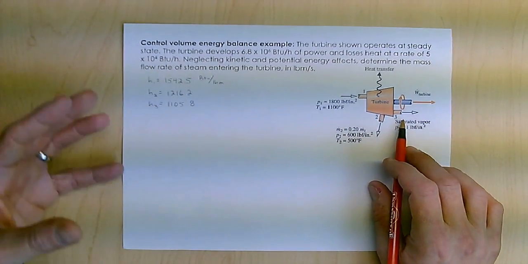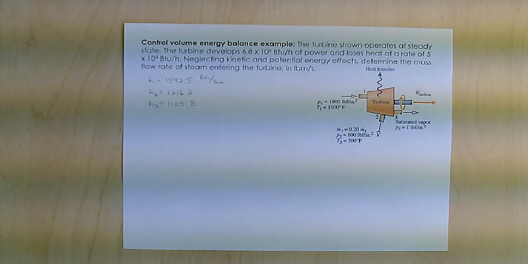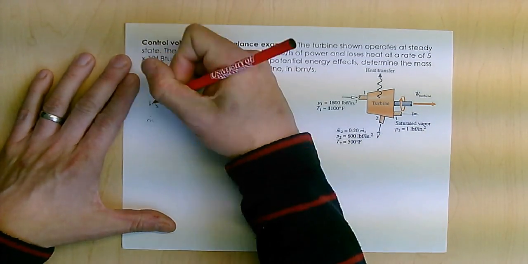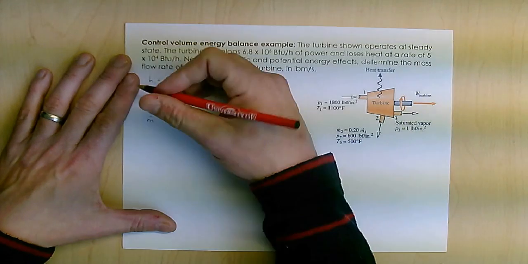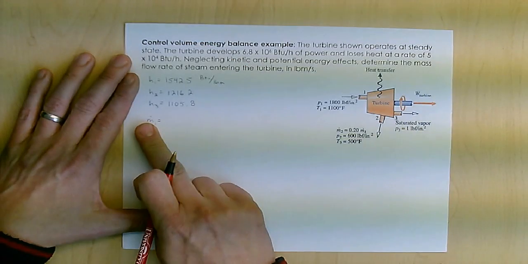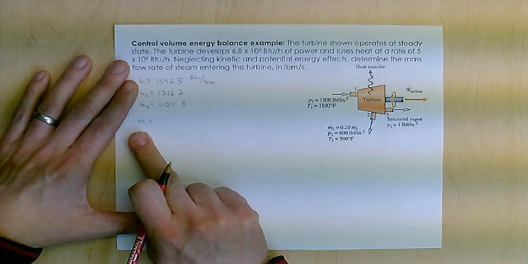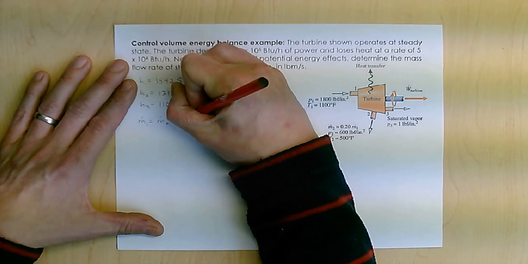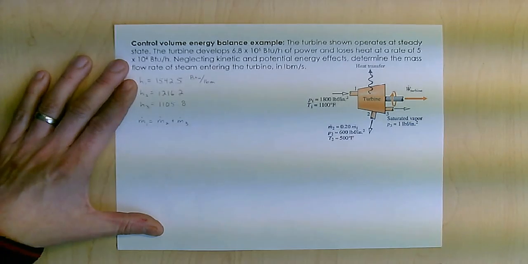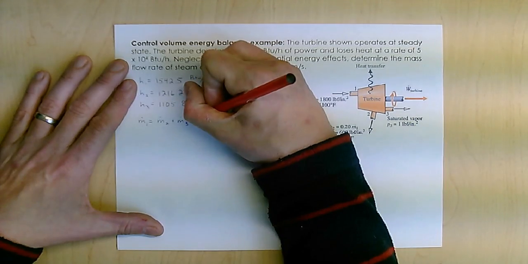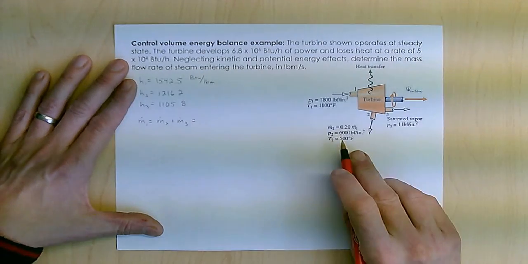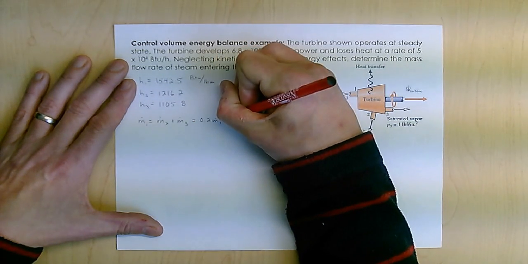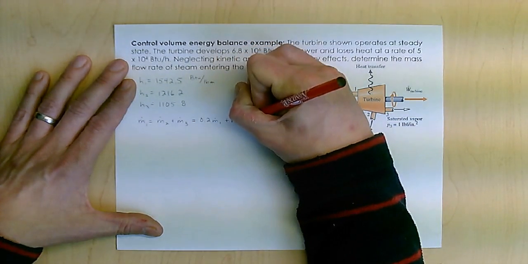The next thing I need to do is develop this conservation of mass principle, which basically states that the inlet mass equals the outlet mass for steady state. So that means m.1 equals m.2 plus m.3, right? Where m.2 is 0.2 m.1 plus m.3.